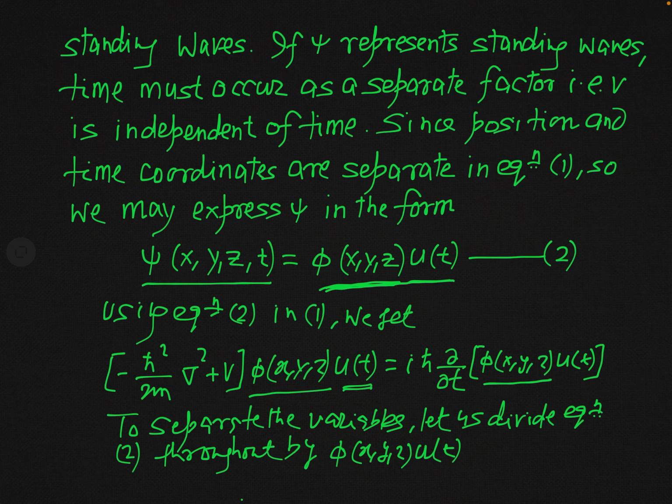So in the RHS we treat phi of x, y, z just as a multiplication factor. By dividing by the product phi of x, y, z times u of t, in the LHS u of t will cancel, and in the RHS phi of x, y, z will cancel. And after this cancellation, what will be our result? You can see easily, this will actually be equal to what?